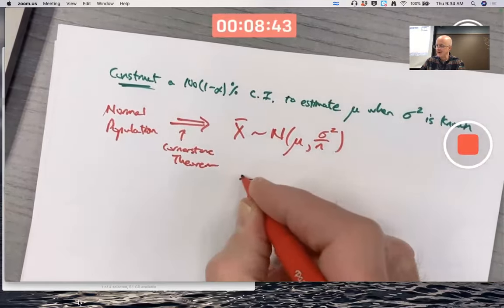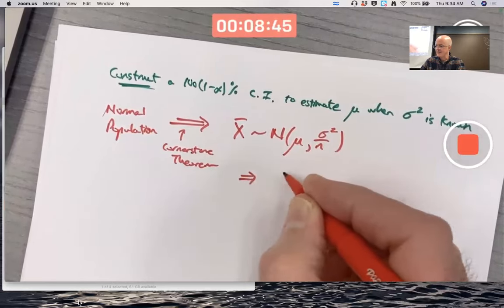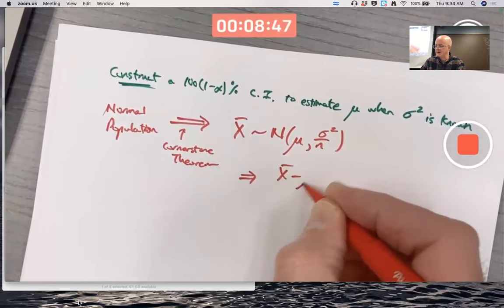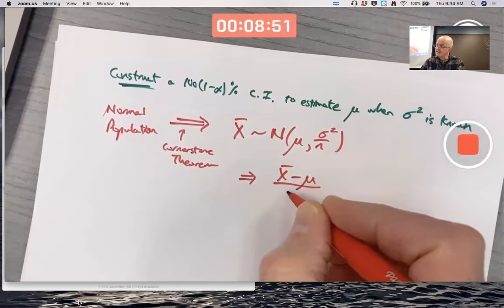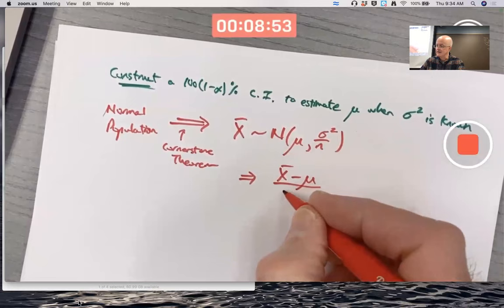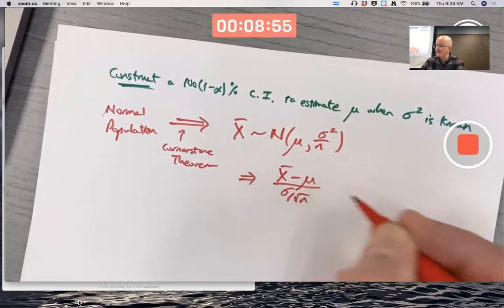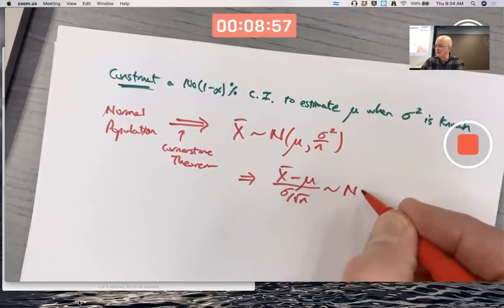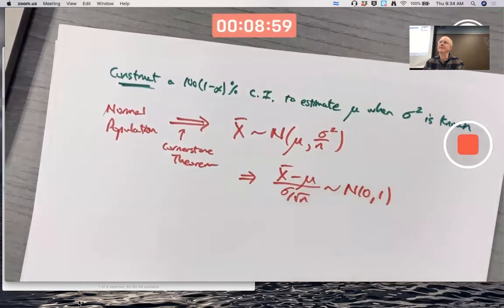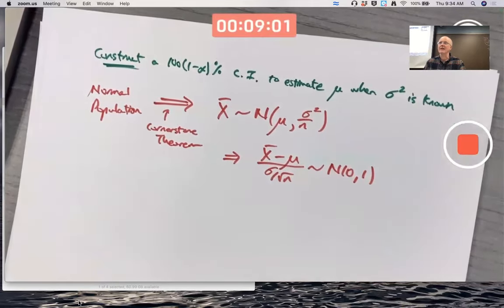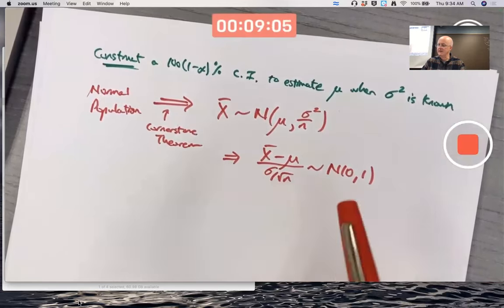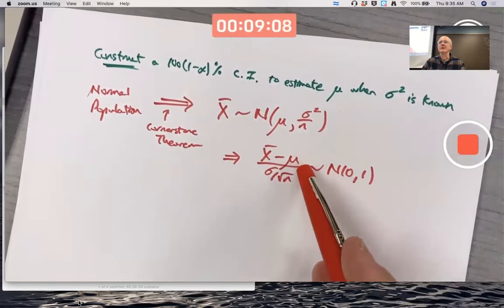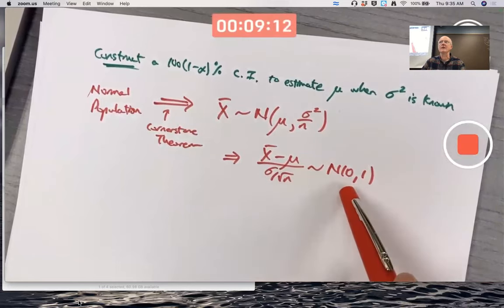And that's going to mean if I standardize, X bar minus mu divided by the standard deviation, not the variance, square root of the variance, sigma over square root of n, that's going to be standard normal, N(0, 1). And there we have it. There we have a statistic, an expression involving the unknown parameter mu, whose distribution is known.